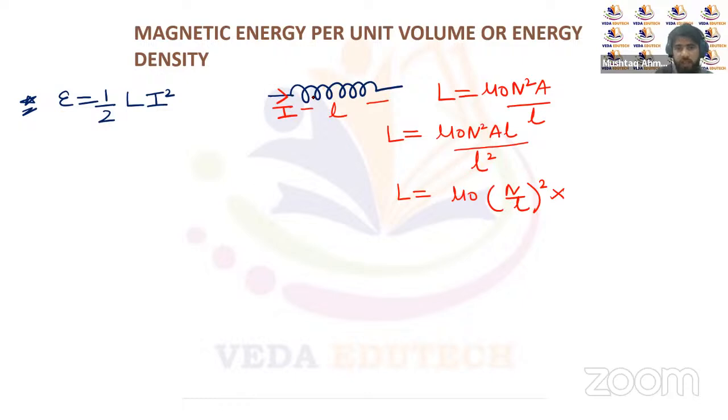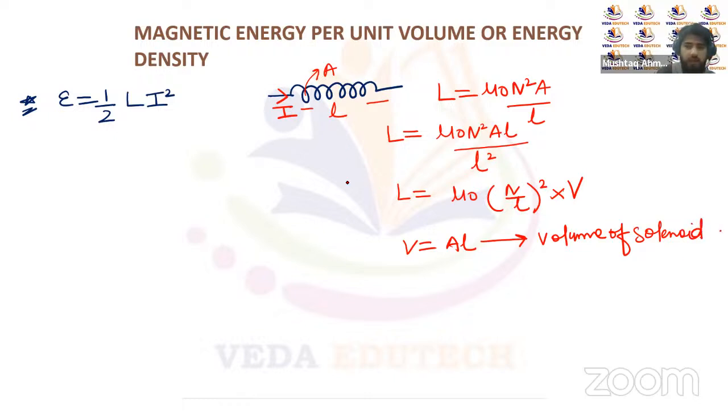A is the area of cross section of the conductor, and multiplied with the length it gives the volume of the inductor, or volume of the solenoid here.